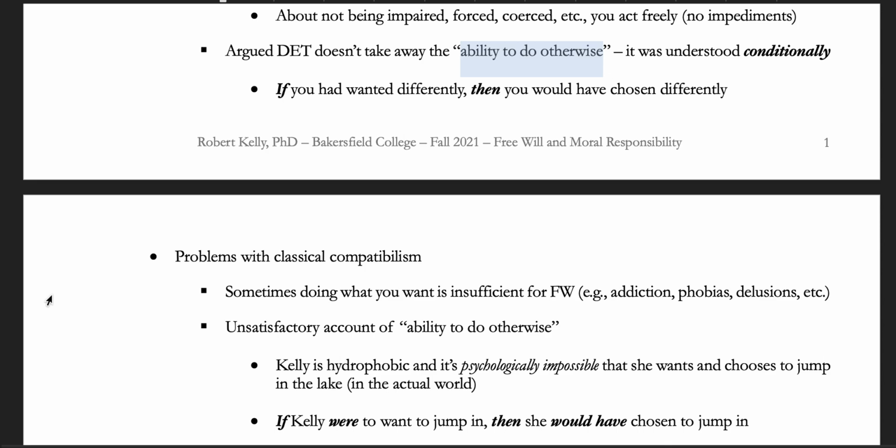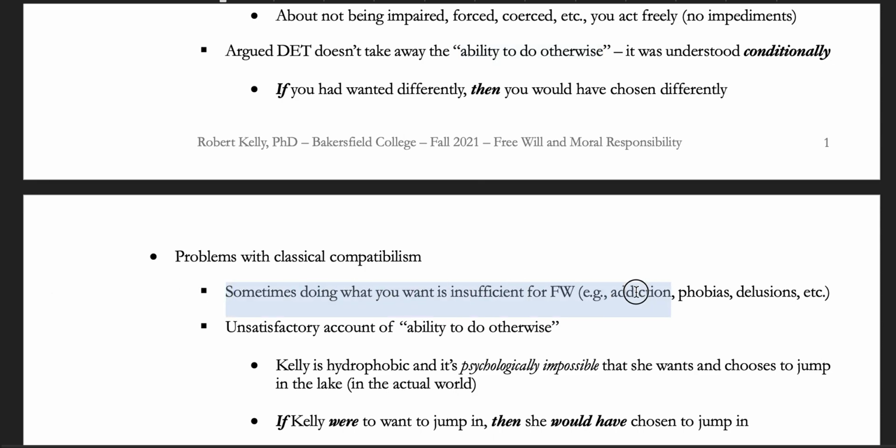So a lot of people think, at least at the core, maybe not the only thing about addiction, but one thing people really think about addiction a lot of the time is that there are these desires that seem kind of alien. They're not really your own. And if you act on those desires, it's not necessarily true that you're acting fully, freely, and responsibly. But it would still be true that you're doing what you want, because you do want it. It's still a desire. A want is just a desire.